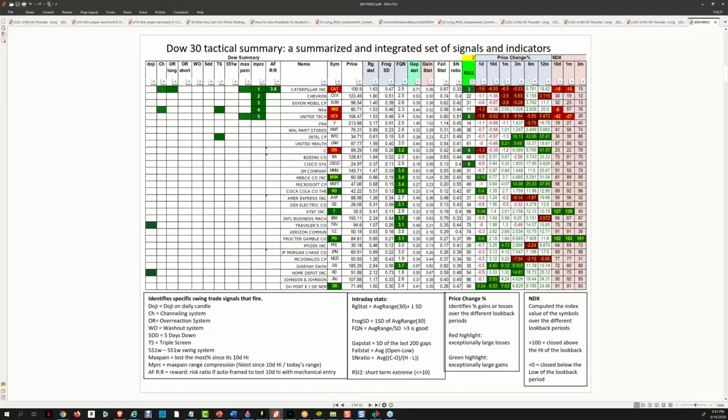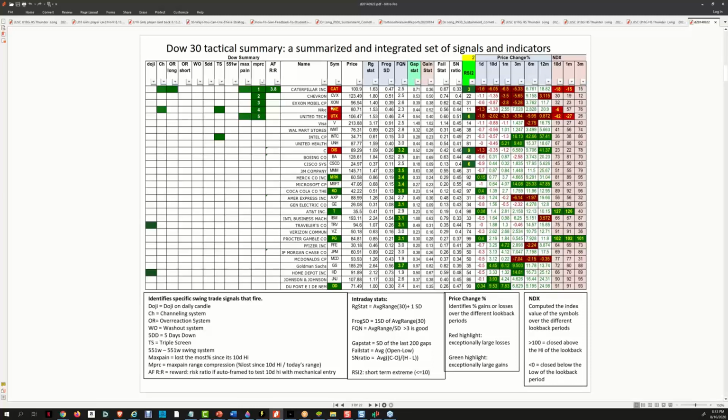The color code on the symbol was red, meaning it was a big percent loser for that day. And when I look over at the price change percentage, the fact that that cell is coded red means it was one of the worst performers in the Dow that day, more than one standard deviation worse than the Dow 30 average.